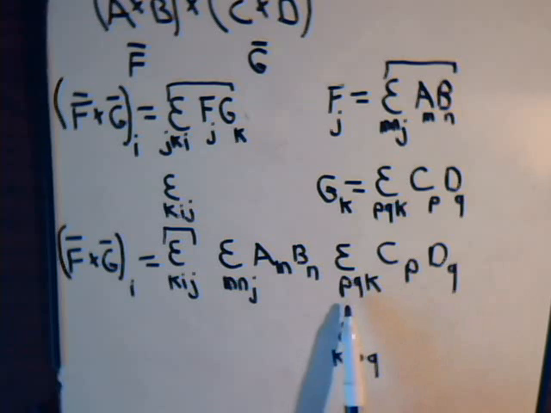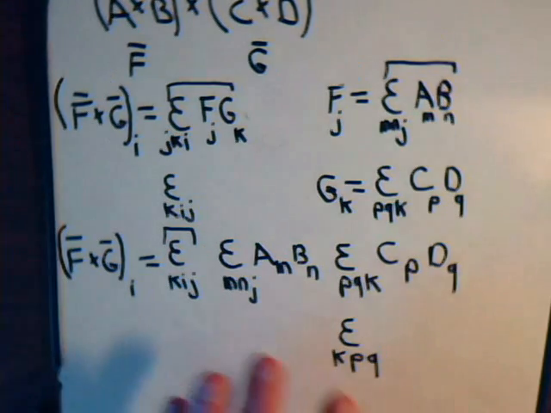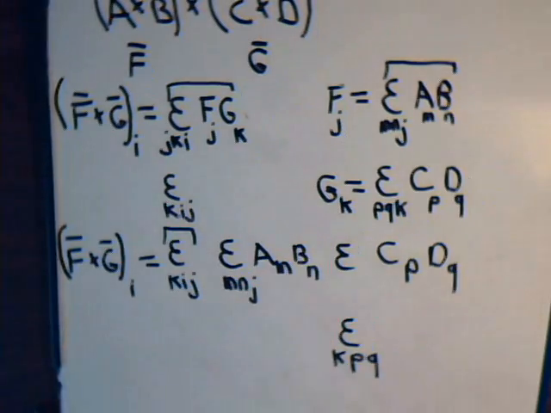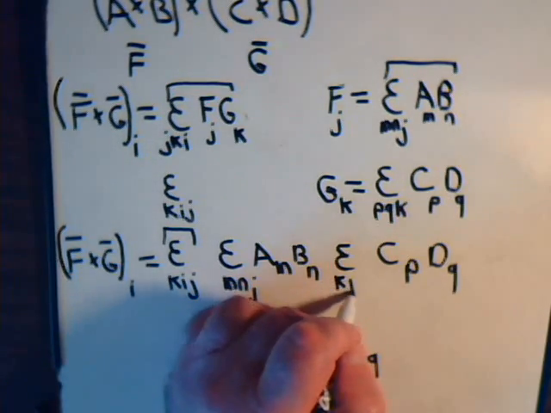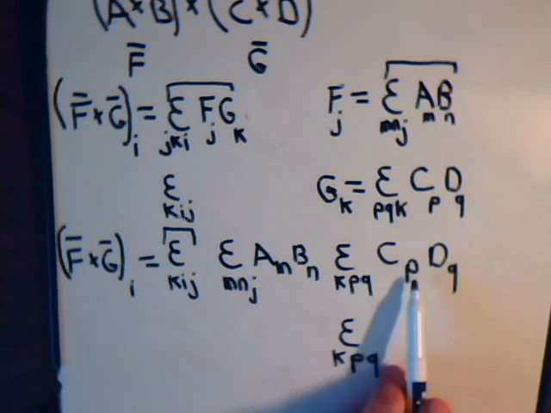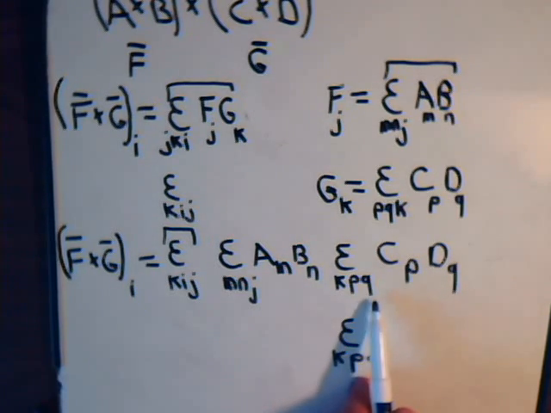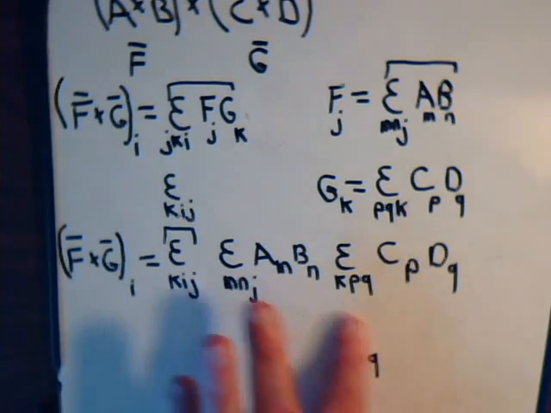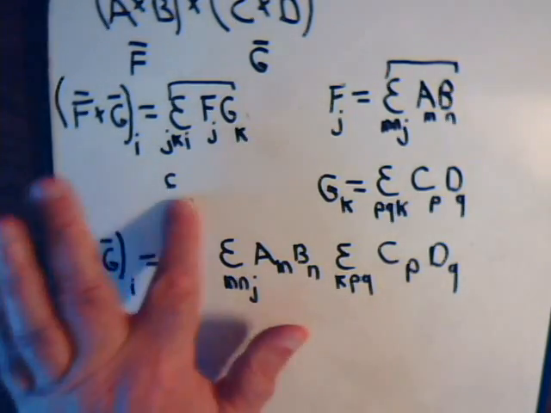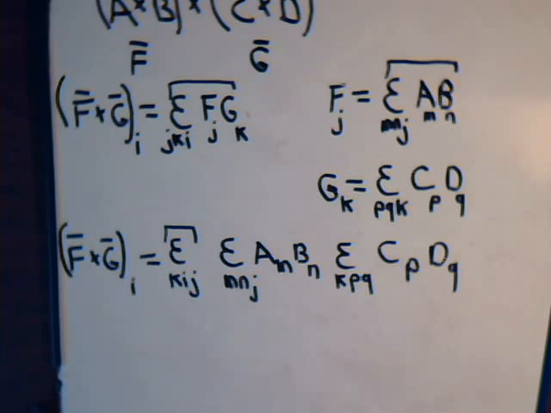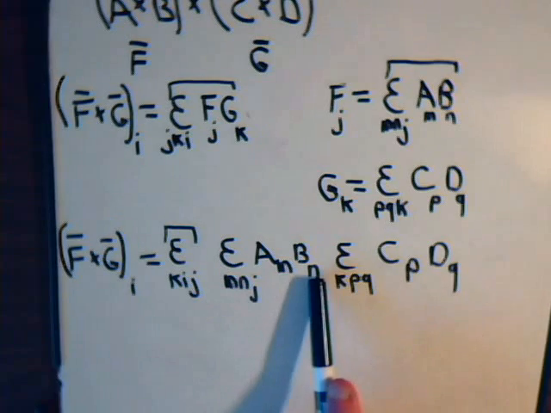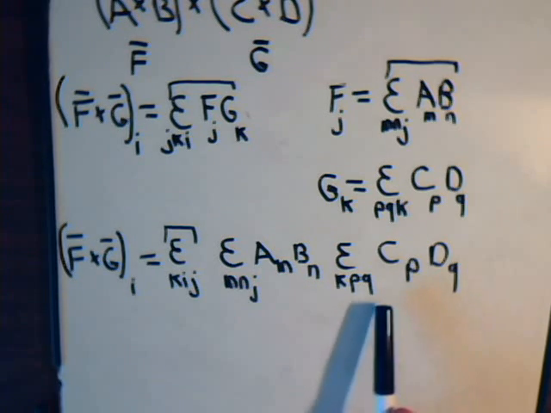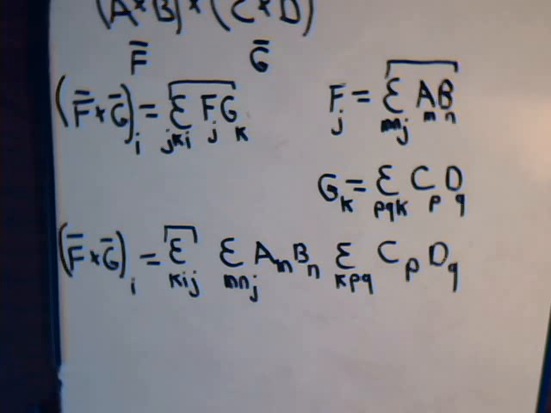And this PQK, we can have KPQ, an even permutation. And these indexes here still match the same order. Okay, now what we have is scalars where we're summing over from 1 to 3 and multiplying and adding. And again, since they're scalars, the order in which we do that is irrelevant.